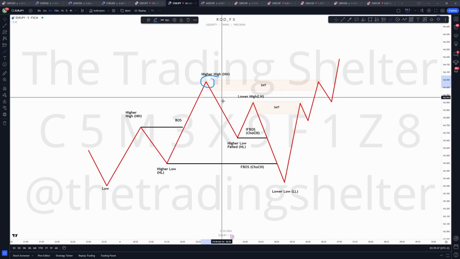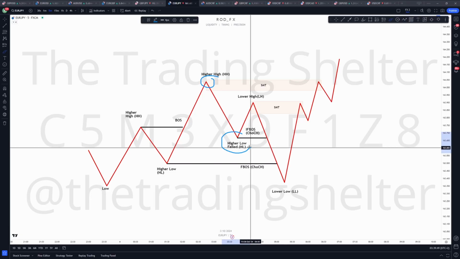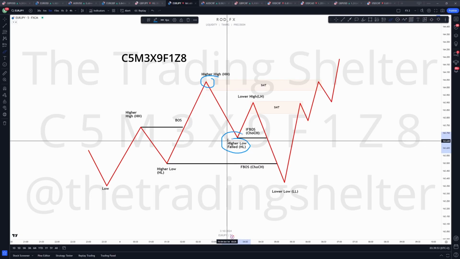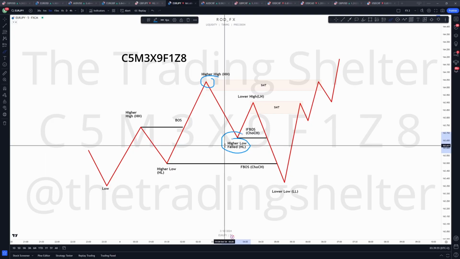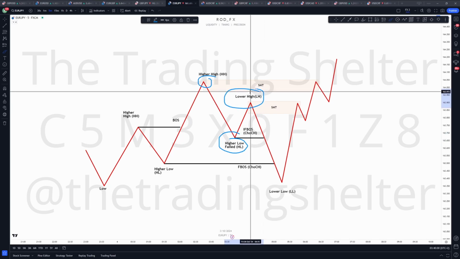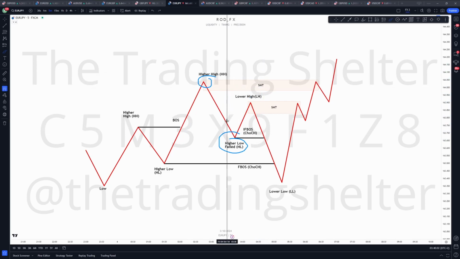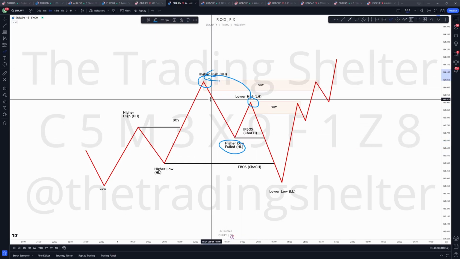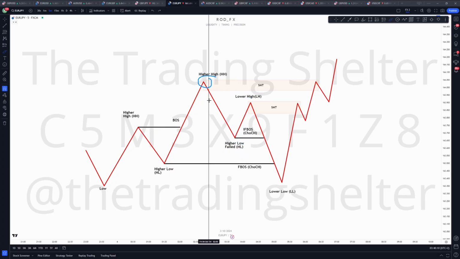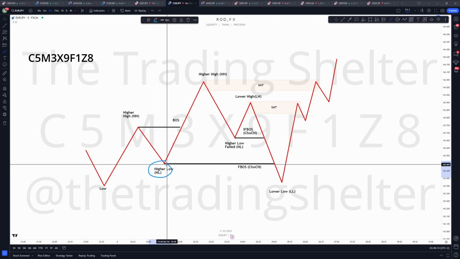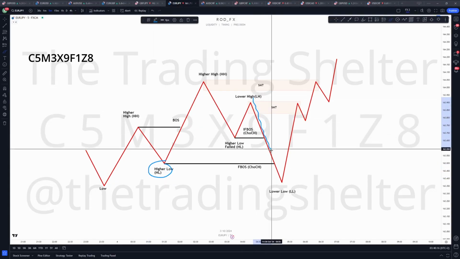Higher high. And now, instead of putting a lower low or higher low, we have a confirmed failed higher low, just because the lower high hasn't made a new high. See, this failed because this point closed below the previous high. Okay, and as you can see, we have that higher low here.